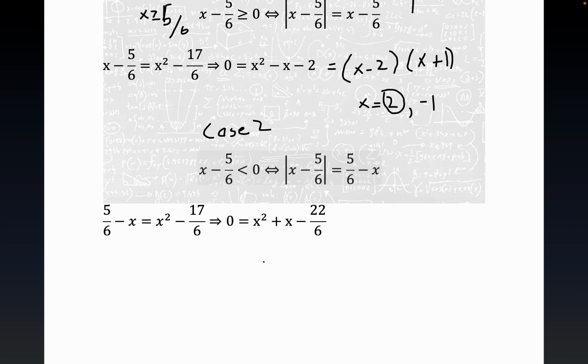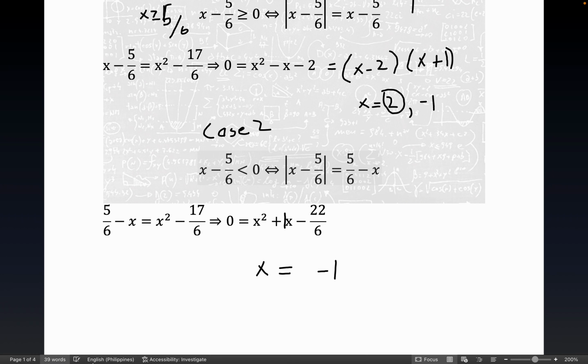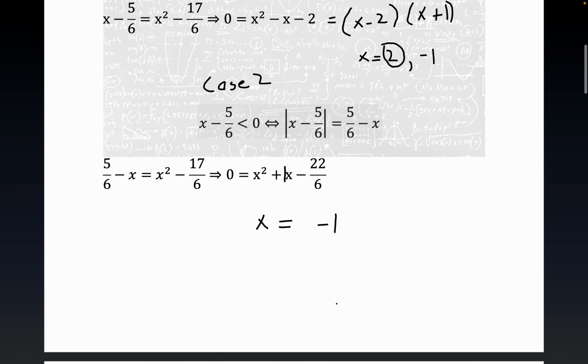And so you would end up with x equals, there's an understood coefficient of 1 right here, right? So the well-known quadratic formula, x is equal to minus 1, we're going to have the plus or minus going on here.